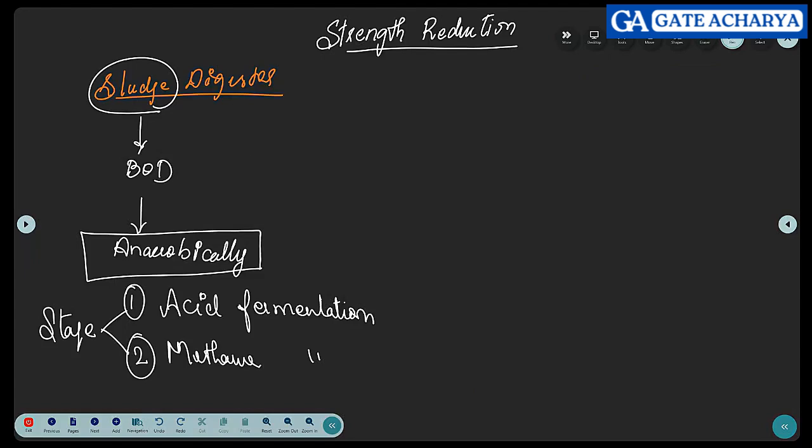First, the sludge is taken by the acid formers. All are under anaerobic condition only.